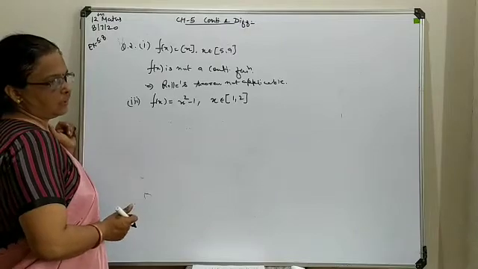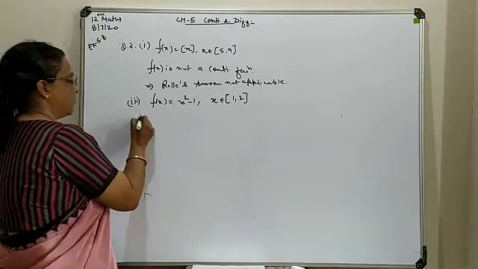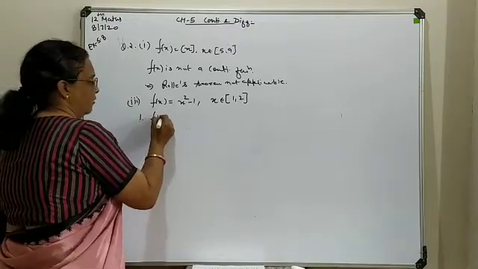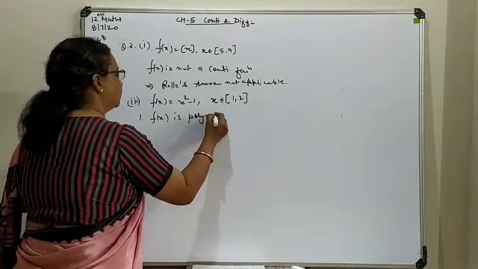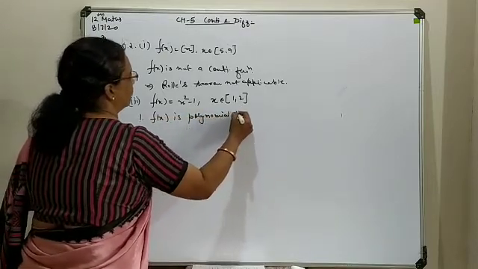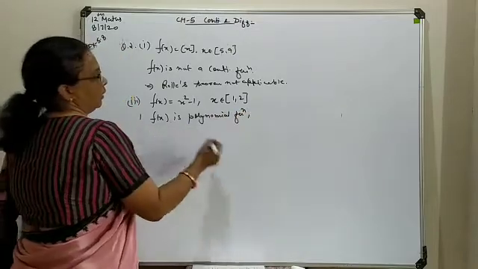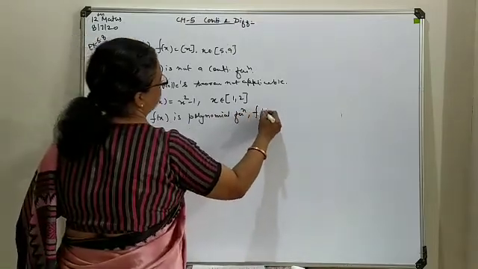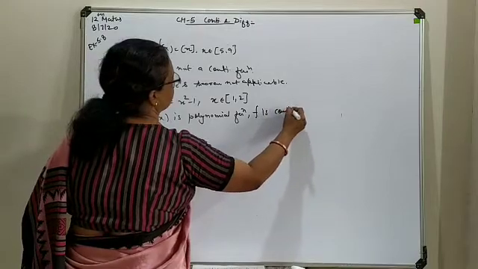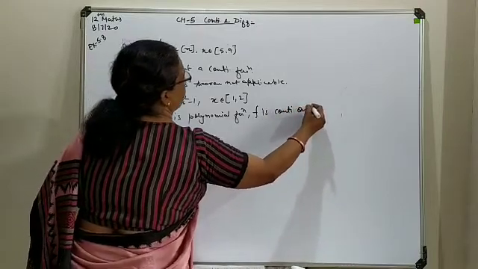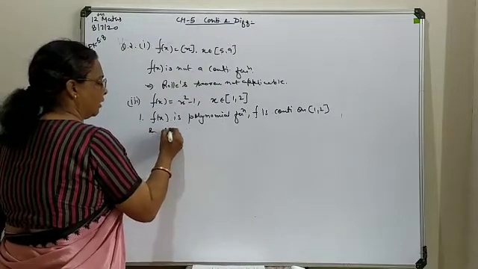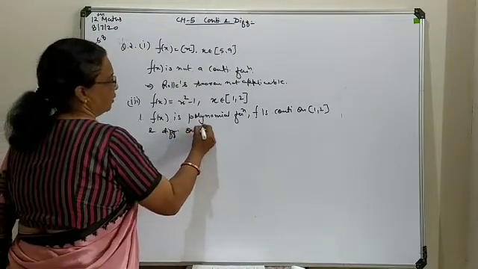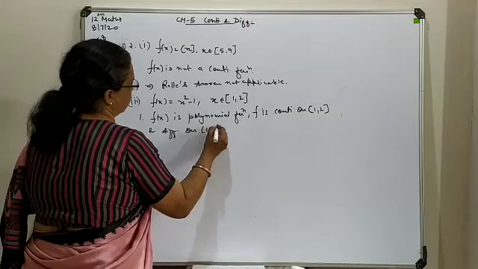So the basic conditions are satisfied here: f(x) is a polynomial function, which means f is continuous on the closed interval and differentiable on the open interval.